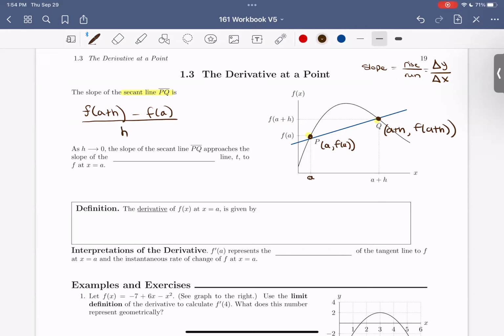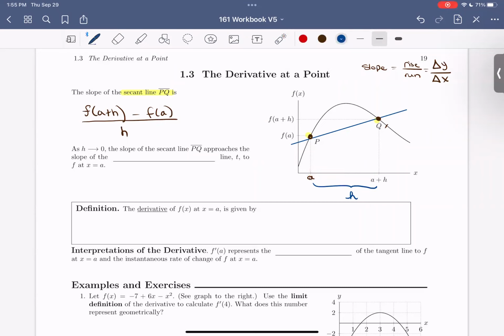We can see that h represented on our graph as the distance between a and a plus h. So that h amount is the length of the distance between a and a plus h. Now I'm going to clean this up a bit and ask us to think about what happens as h, or that distance between a and a plus h, shrinks, as it gets smaller and smaller.